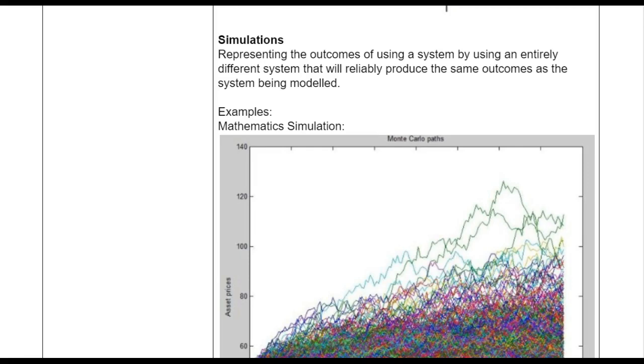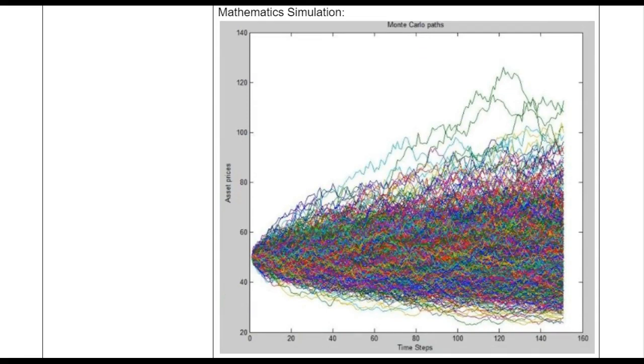So here is an example of a Monte Carlo simulation, where somebody has used mathematics to try to see what would happen within a system over time. They started off at some random different points and watched what would happen as it went forward in time, following a simulation of that system.